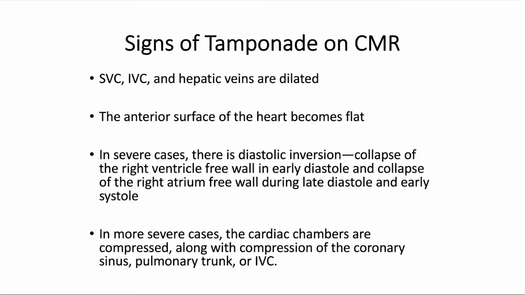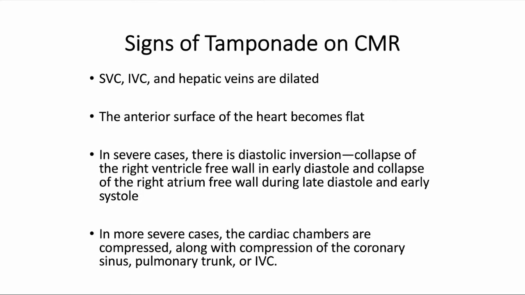Now let us look at what are the signs of tamponade on cardiac MRI. Usually in patients with tamponade, you can see dilated SVC, IVC and hepatic veins. And because of the increased intrapericardial pressures, the anterior surface of the heart becomes flat.